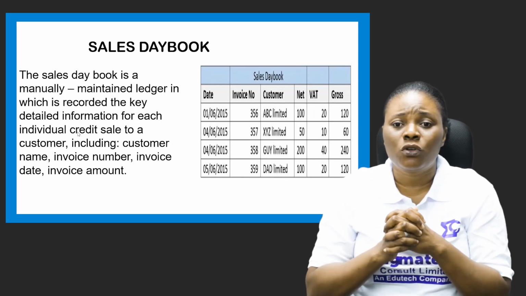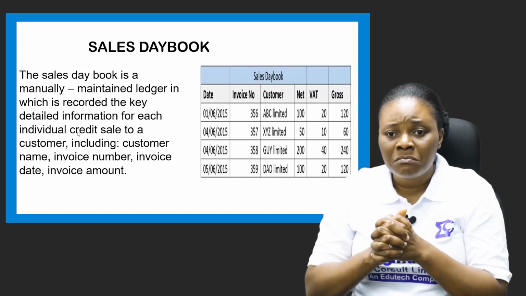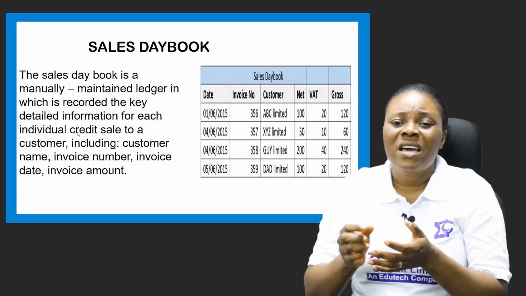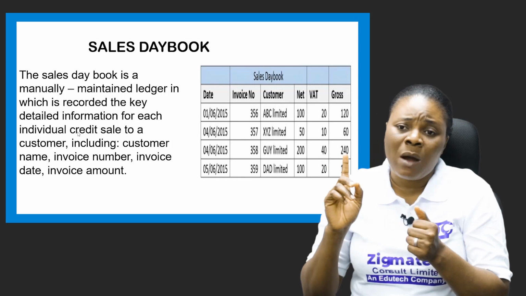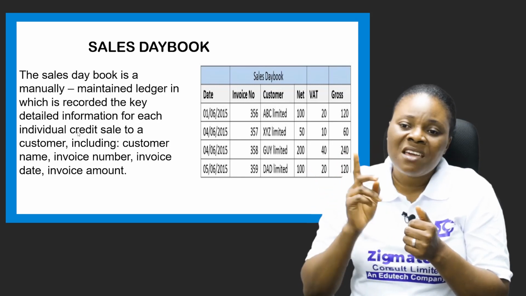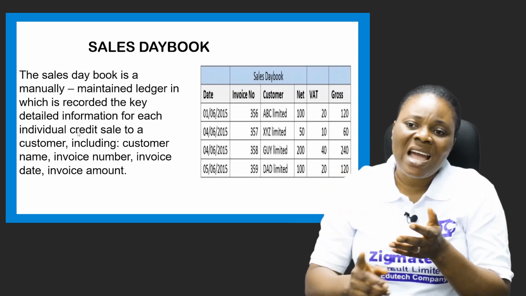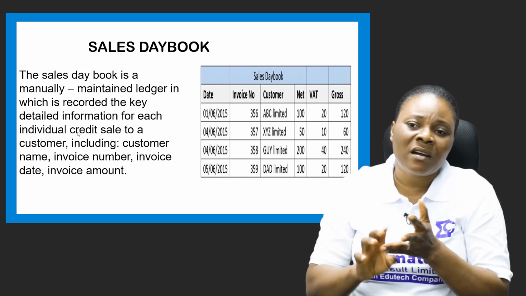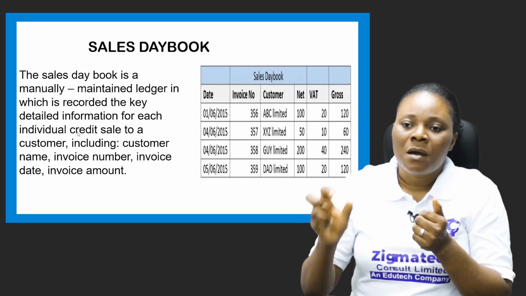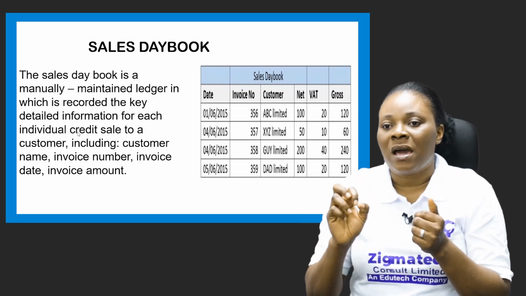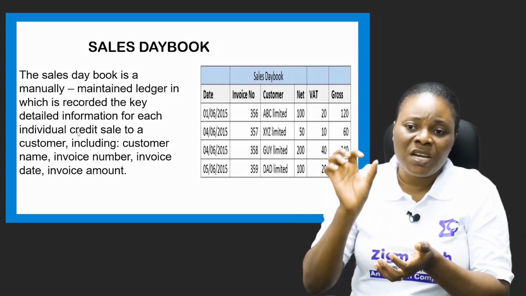On the sales day book, you have the customer's name, you have the invoice number. Remember I told you when I was explaining invoice that invoice is issued whether it's on a cash basis or a credit basis, so far the goods have been received by the buyer. So on every invoice there is a number.